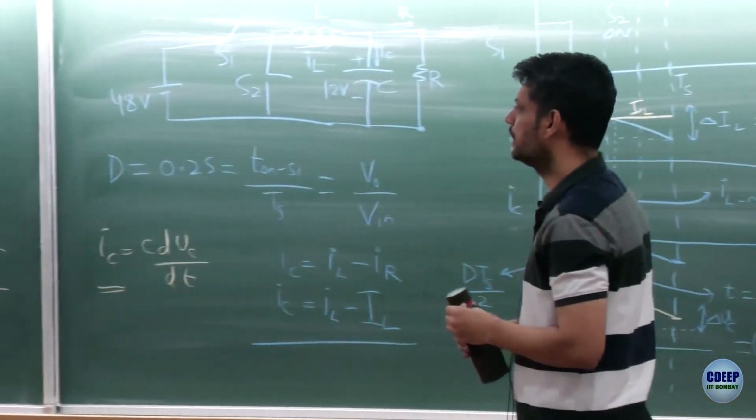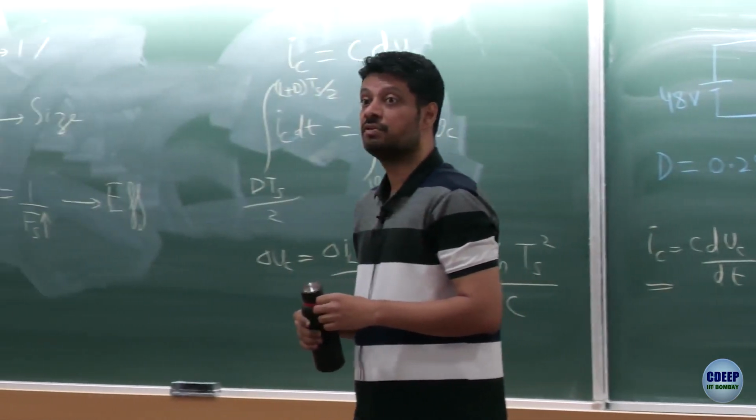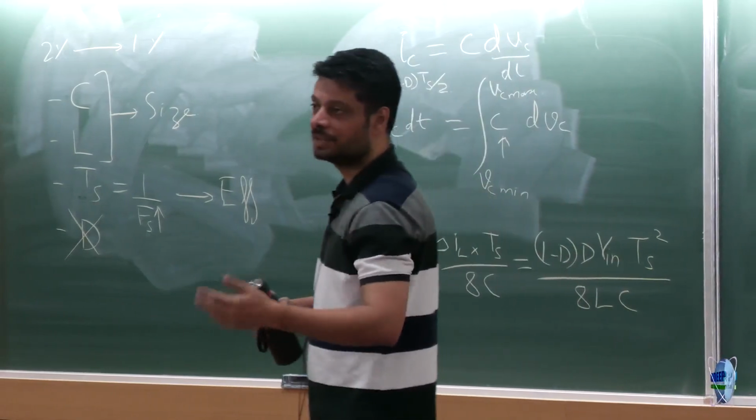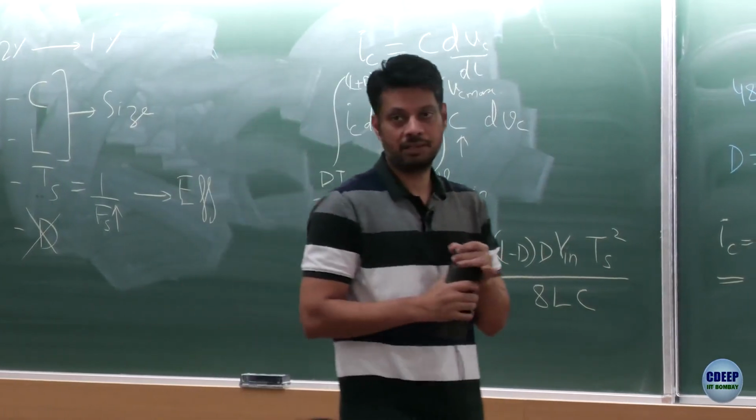Yeah, you can do that. You can try to find a different capacitor which gives you more capacitance with the same size. Of course, it will be expensive, so there is always a trade-off. But you can do that. You can look for some different types of capacitors as well.